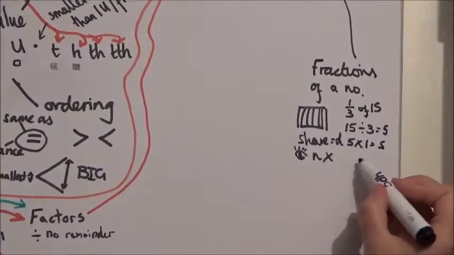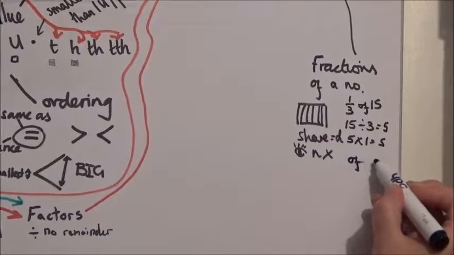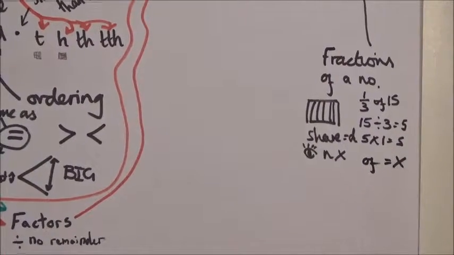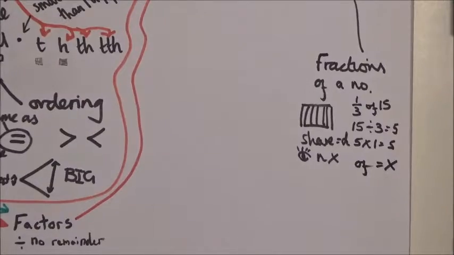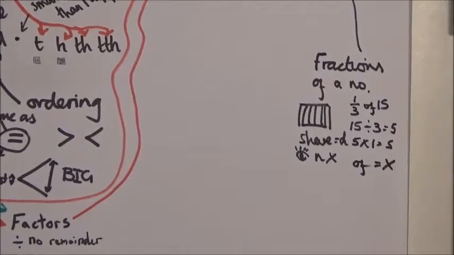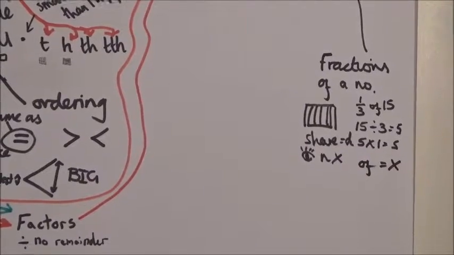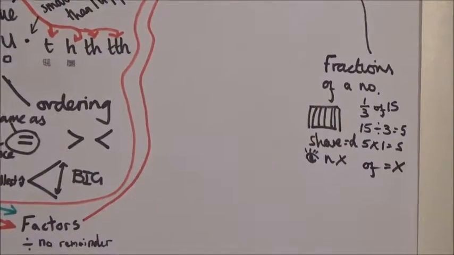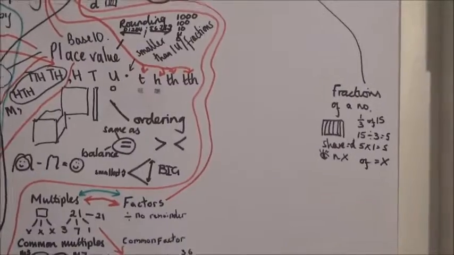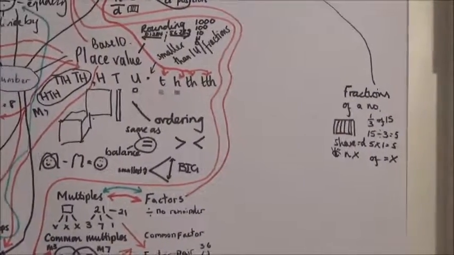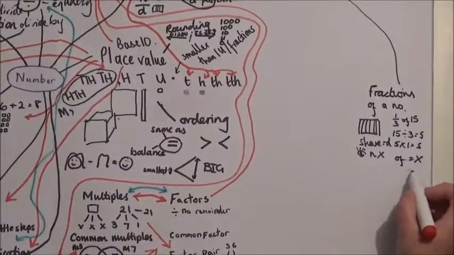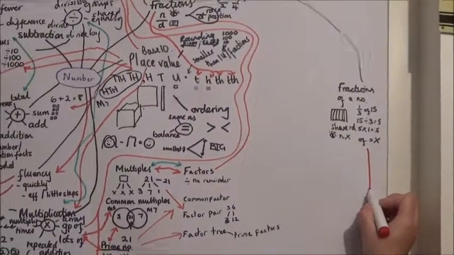We also talked about how of was the same as multiply, thanks to the key skills confusion this year. And we're going to have to do a lot of linking for this, which is good news because it means that we've already used our previous understanding. So bear with me, there's going to be a lot of lines going round.